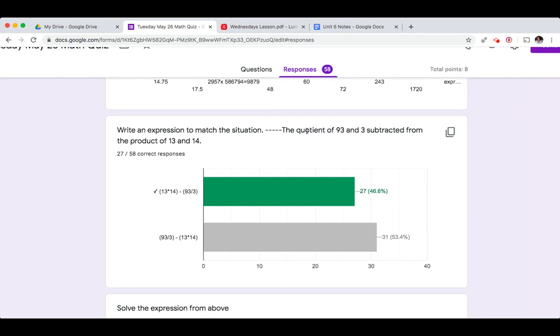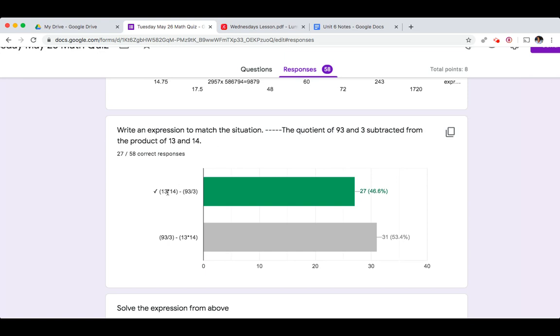When it says the quotient of 93 and 3 subtracted from the product of 13 and 14, that means that you are starting with the product of 13 and 14 and subtracting the quotient of 93 and 3 away from it. So whenever you see that something is being subtracted from another amount, the thing that is being subtracted has to come second because it's being subtracted from what you started with.